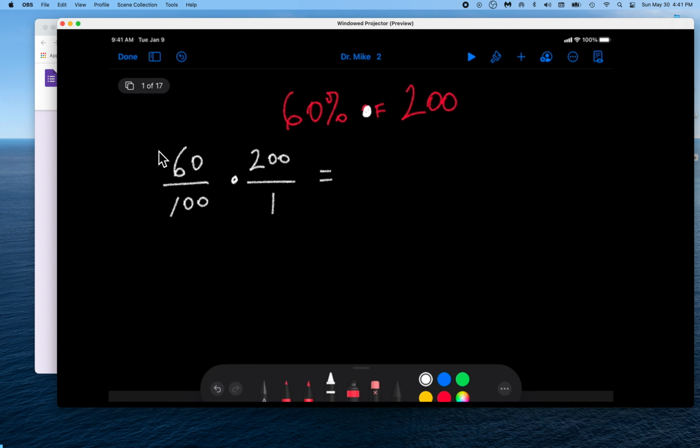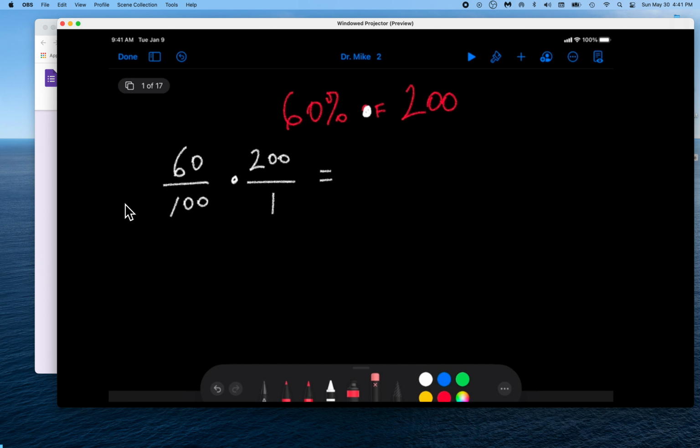That's what we're dealing with. Now, 60 over 100 is 0.6. So if you want to convert that to a decimal and do your multiplication that way, you're free to do so. But I want you folks to be very comfortable with fractions. So I'm going to keep this as a fraction.